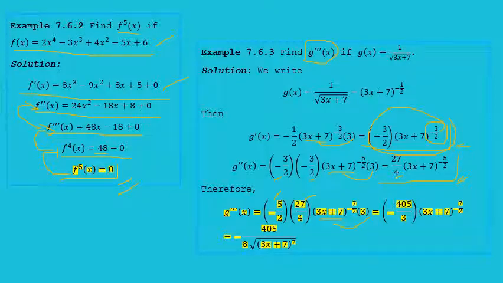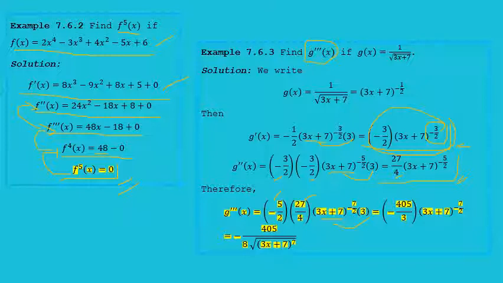So the product is negative 405 over 8 times (3x plus 7) raised to the negative 7 over 2. To eliminate the negative exponent, we put it in the denominator.